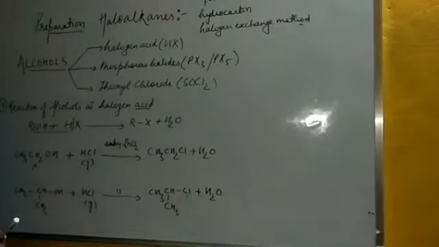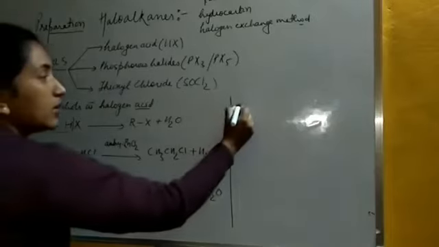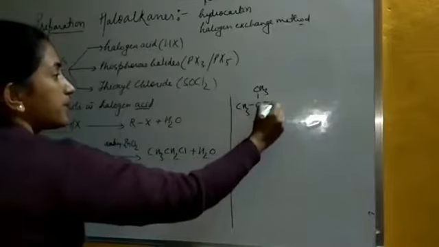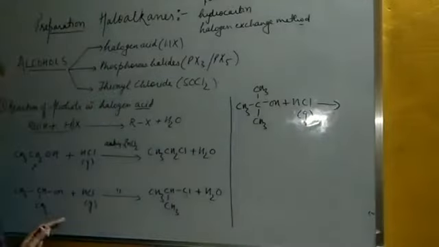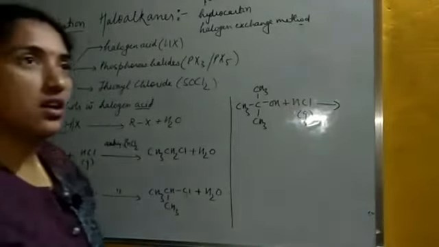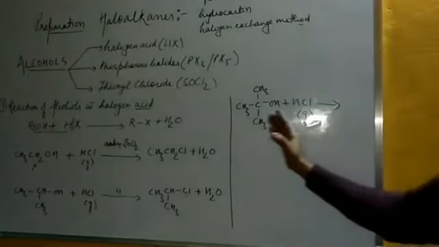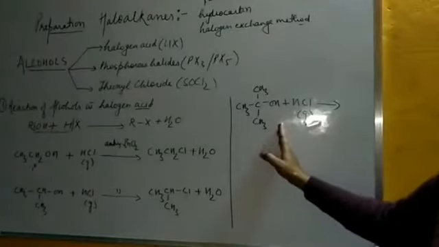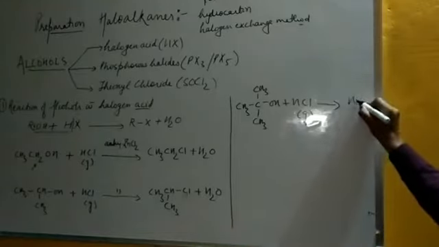Now students, a question can arise in your mind: what is the role of anhydrous ZnCl2 here? Okay, let me discuss another example of it here. CH3C, this is a tertiary alcohol and it reacts with concentrated HCl, and this reaction is so fast, or we can say the tertiary alcohol is so reactive here that simply by shaking both the reactants, tertiary alcohol with HCl, the haloalkane gets formed, right?